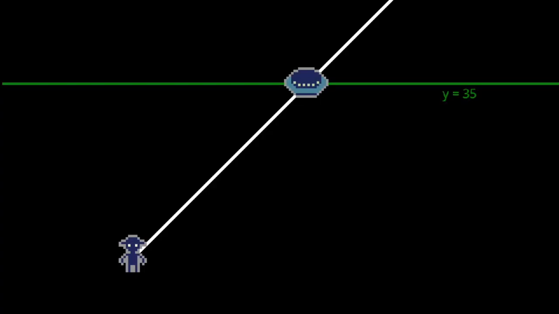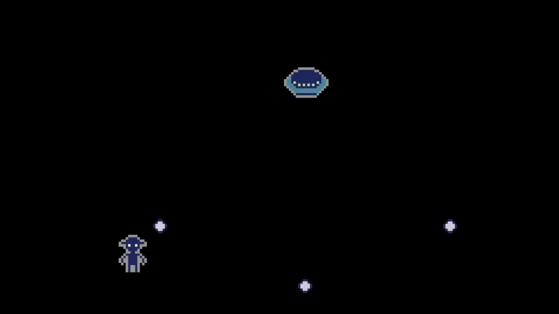And that's it. That's how the spaceship knows where to position itself to shoot at the player at an angle.